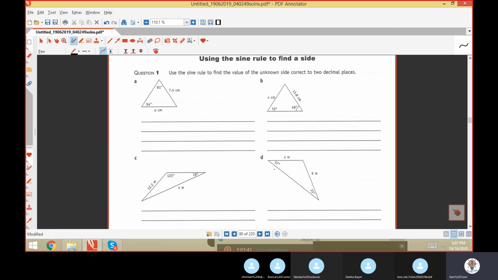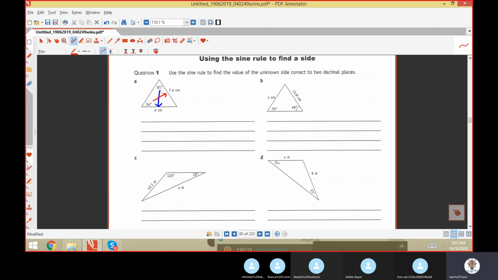So this one here says use sine rule to find the value of the unknown side to 2 decimal places. To use sine rule, it's like the crisscross method I like to describe. It's always like an angle goes to its respective side. If you look at the diagram, 81 will go to a, and 54 will go to 7.4.